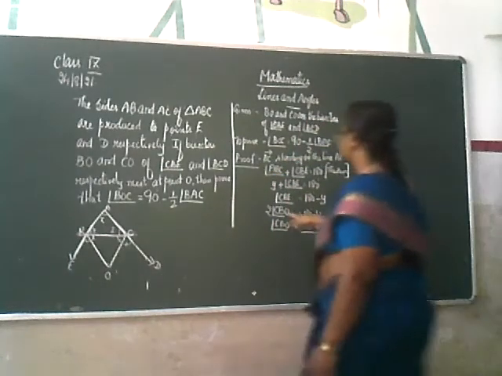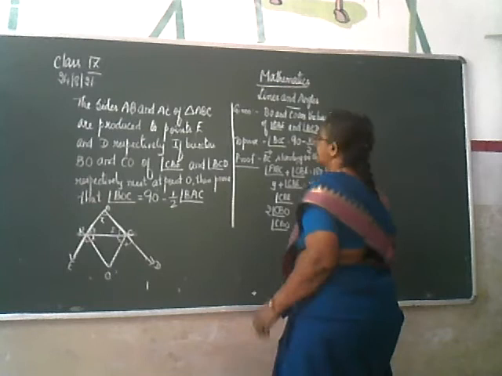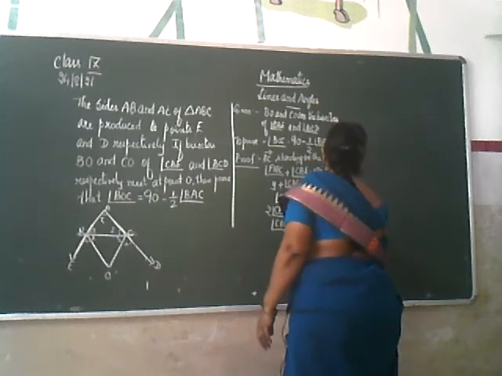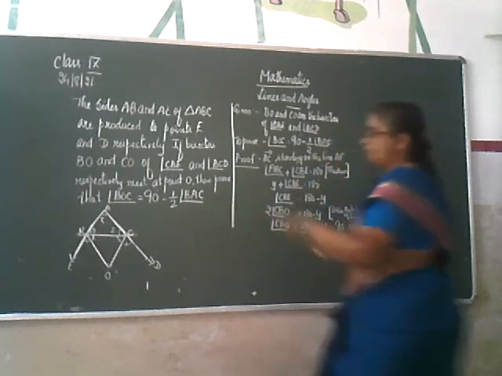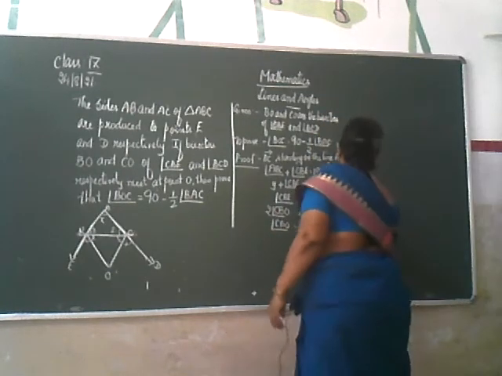So why is this? Yes, I can write OB is the bisector of which angle? OB is the bisector of CBE.